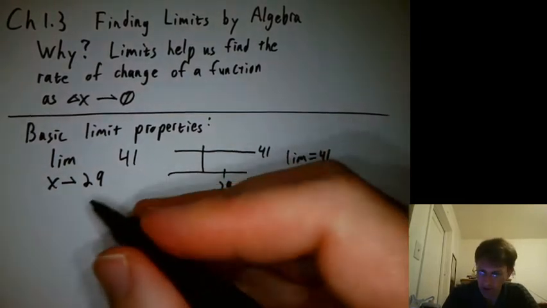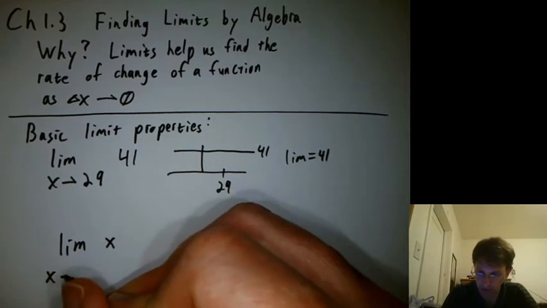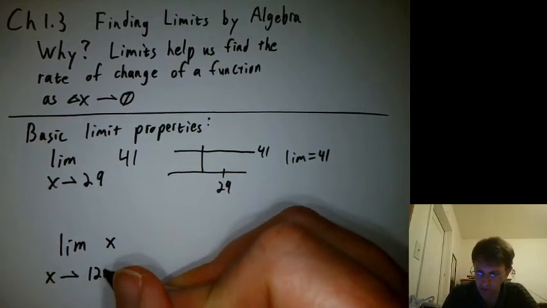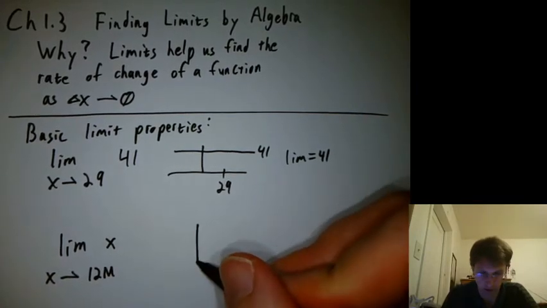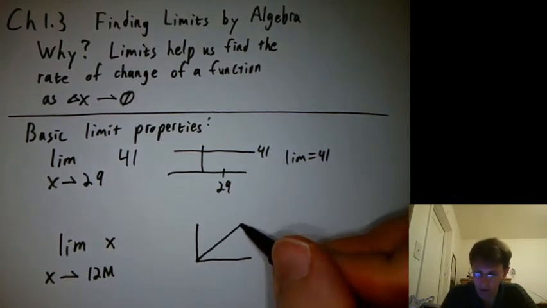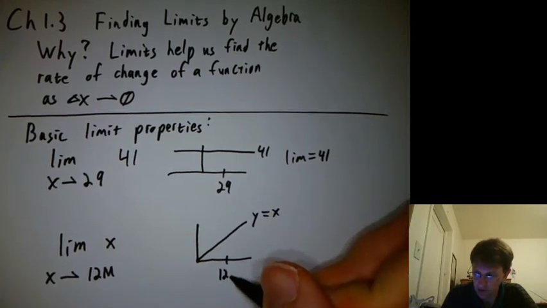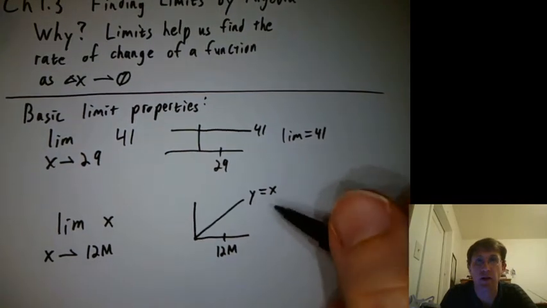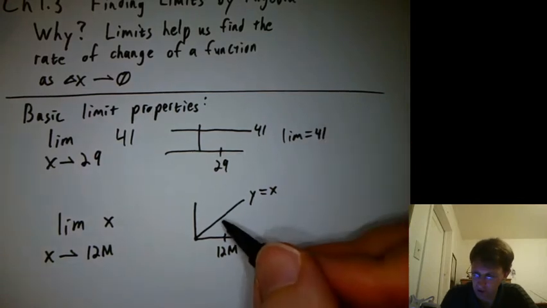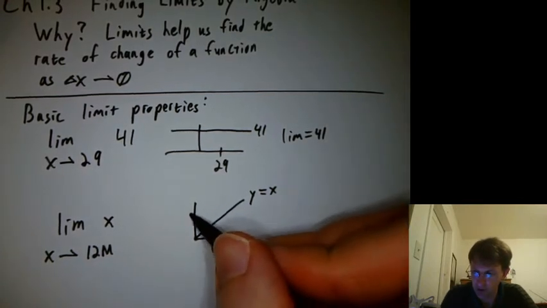Not a surprise. How about the limit of x as x goes to something like 12 million? No reason these numbers have to be small, right? So here's the y equals x line. Here's 12 million. You knew right where it was, right? And what would you say the y values do as x gets close to 12 million?